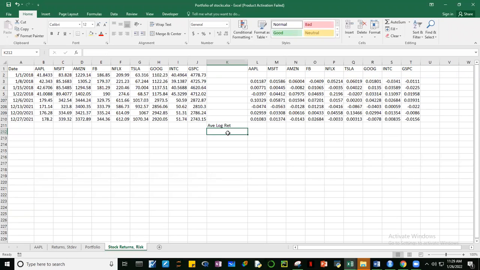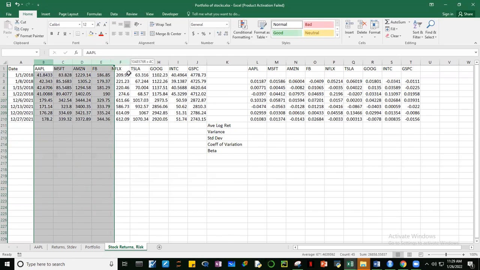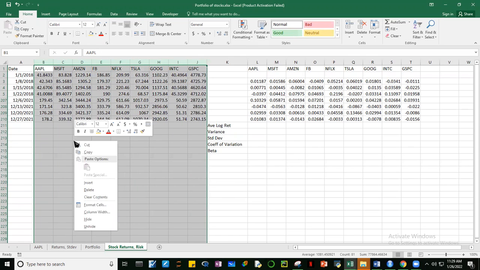And then what we're going to do is let's also compute for the variance, the standard deviation, the coefficient of variation, and the beta. So these are the things that we're going to compute now based on the returns of the asset. Let me just hide this. Hide natin to.